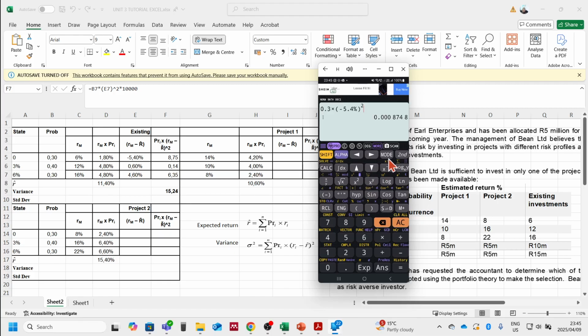You will notice that our figure is in 10,000 format, being 0.0008. Our first percentage figure will normally start over here, then this will represent the tens, then this will represent the ones, and this will represent the decimals behind.